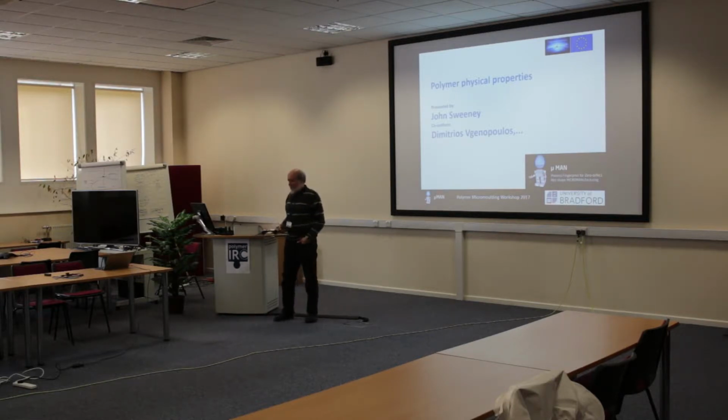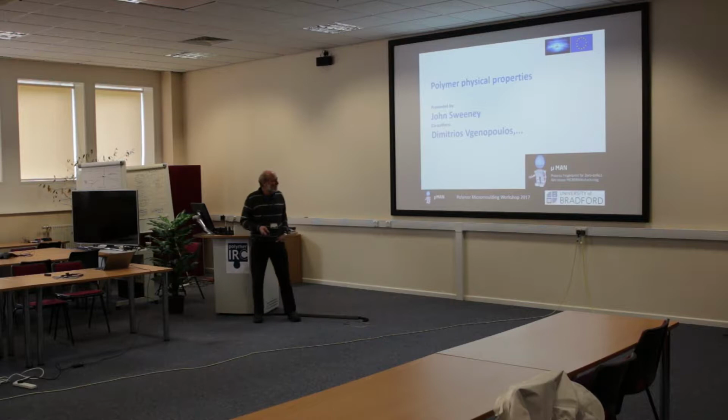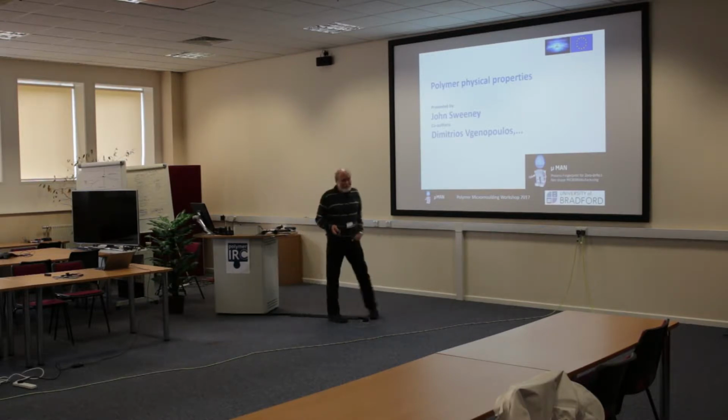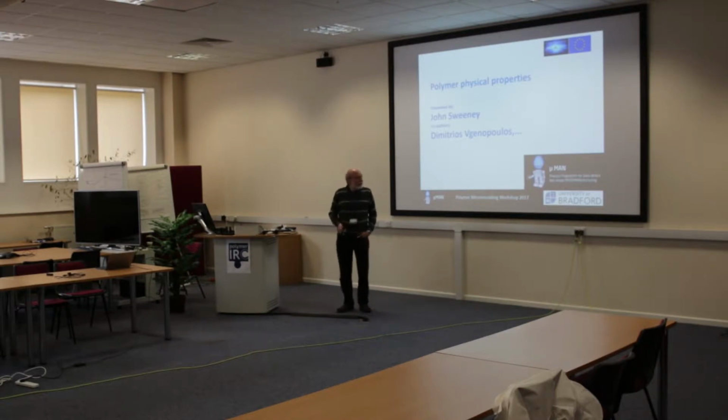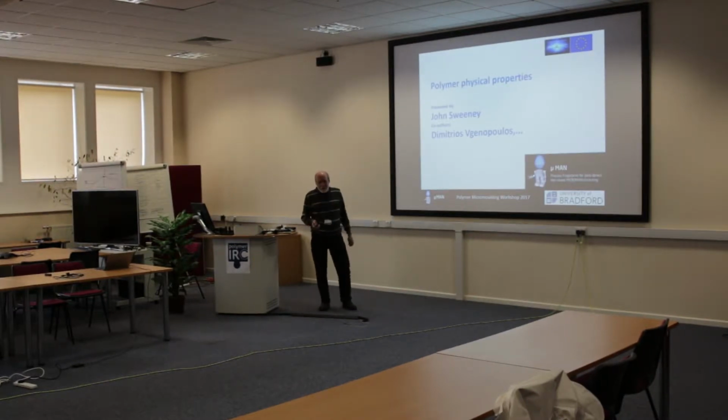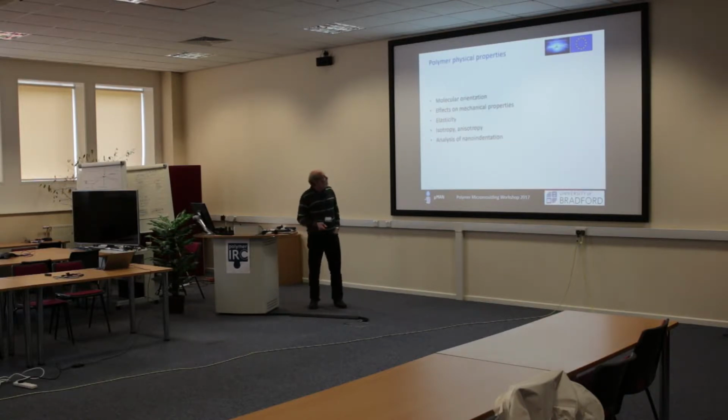at a sort of elementary level. So first of all, I assume you don't know that much about this level of polymer behavior. So what I'm going to do, I'm going to talk about molecular orientation, its effects on mechanical properties.